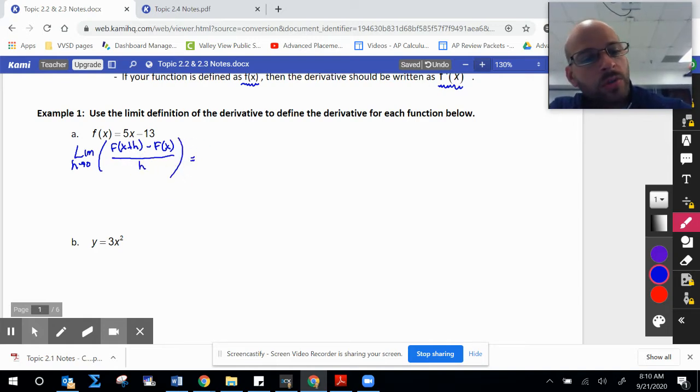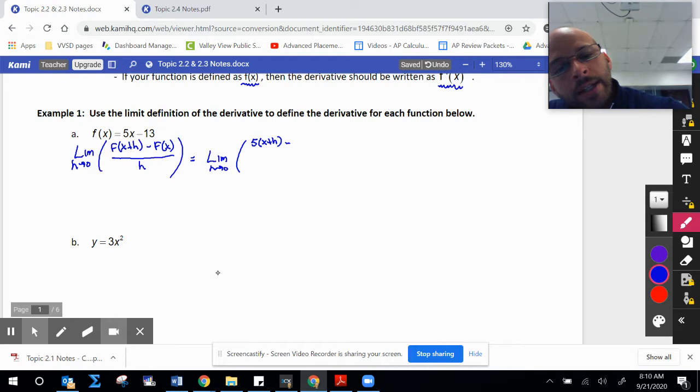I'm going to substitute in the x plus h into my function. So I have, as h approaches 0 of, I'm going to say 5 times x plus h minus 13, minus the original function, which was just 5x minus 13, all over h.